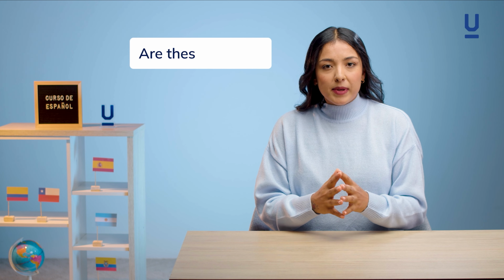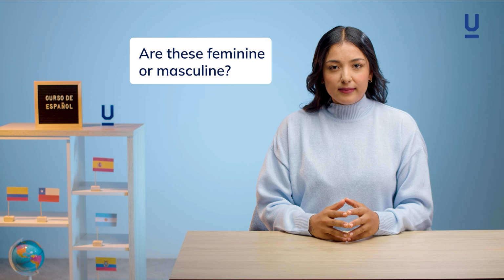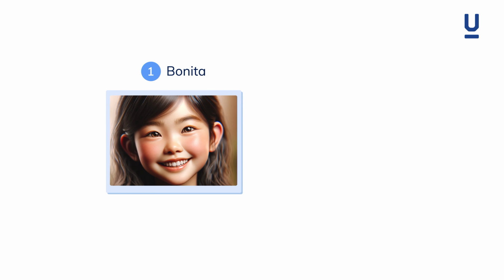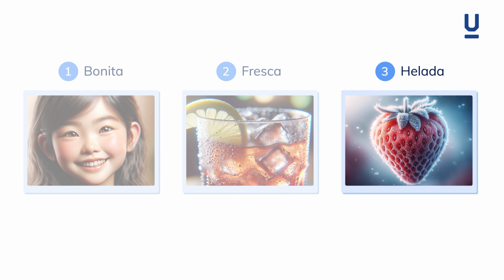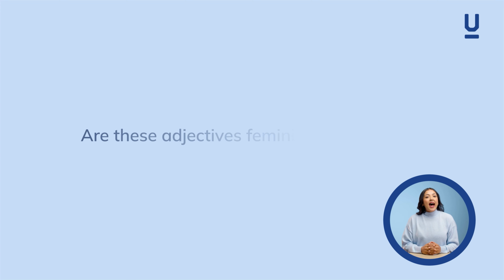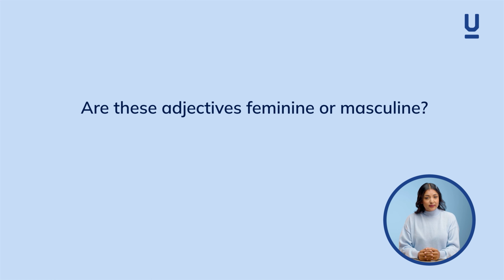Before we start this lesson, let's look together at this set of adjectives and tell me, are these feminine or masculine? Bonita, fresca, helada. Are these adjectives feminine or masculine?